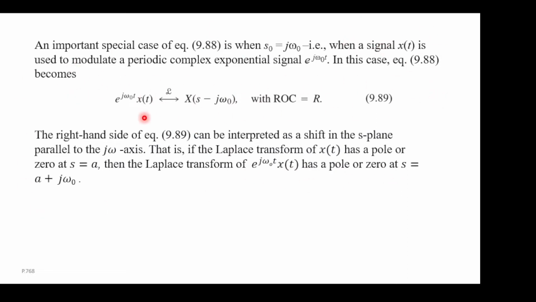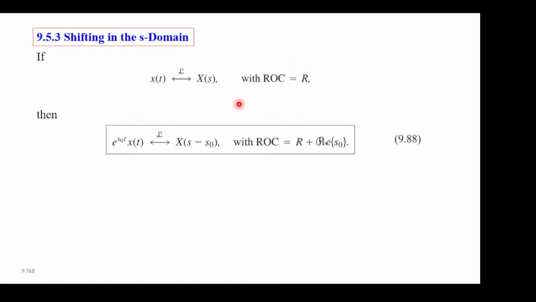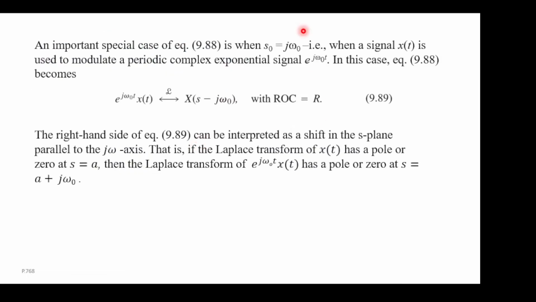But the things in your plane still shift, because you see in the time domain you are multiplying by this e to the j omega t. So if you are shifting by j omega naught, this is actually a frequency shift, and it's like modulating your signal with this e to the j omega naught t.